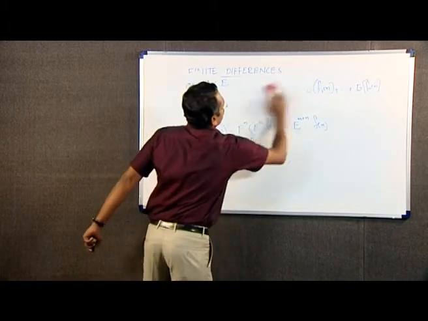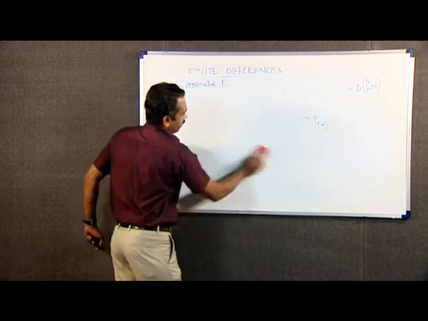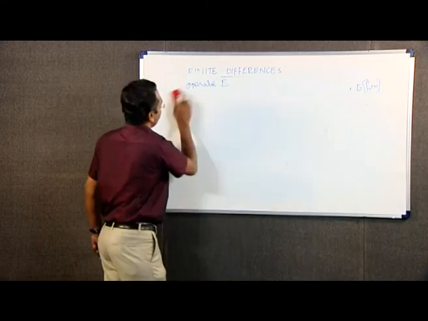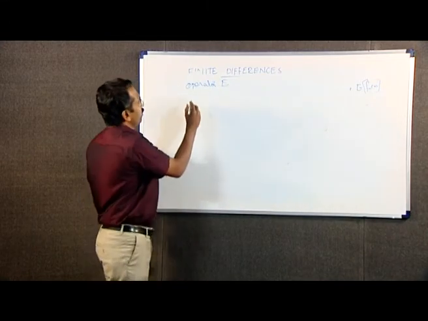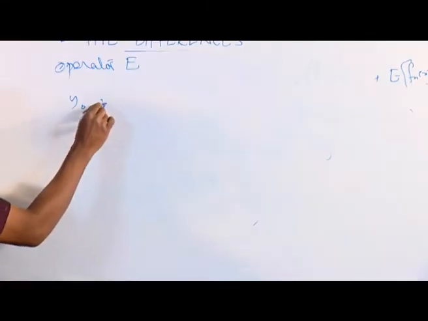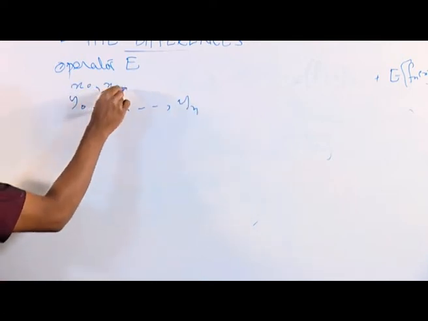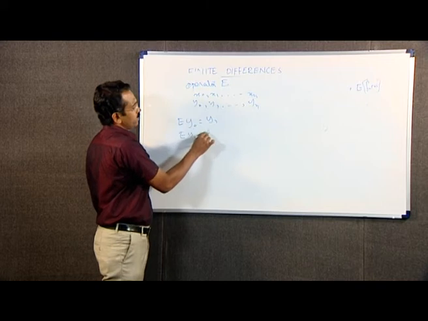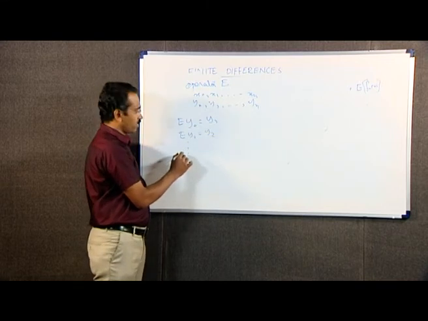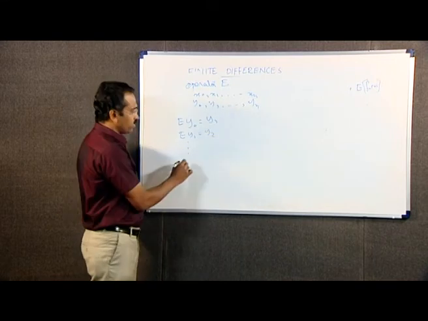If y naught, y1 etc., yn are n values of f corresponding to the points x naught, x1, x2 etc., xn, then the shift operator can be defined as E y naught equal to y1, E y1 equal to y2 etc., E square y naught equal to y2.